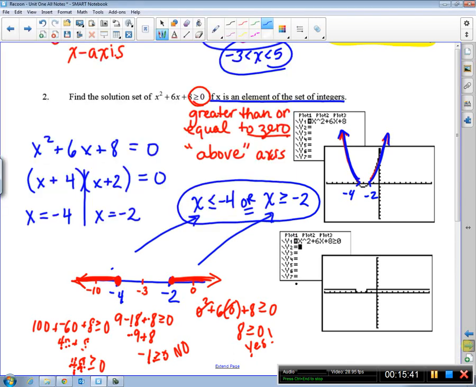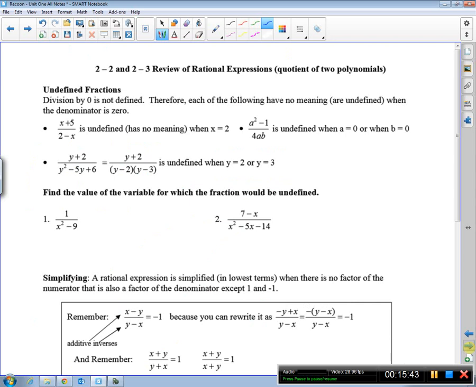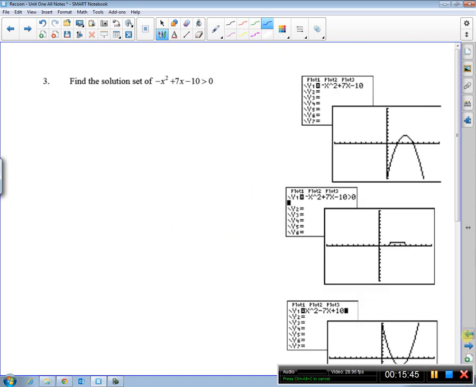Okay, one more. So first thing to notice here is that this quadratic is a little bit different. -x squared plus 7x minus 10 is less than 0. So one of the first things you might want to do is multiply through by -1.